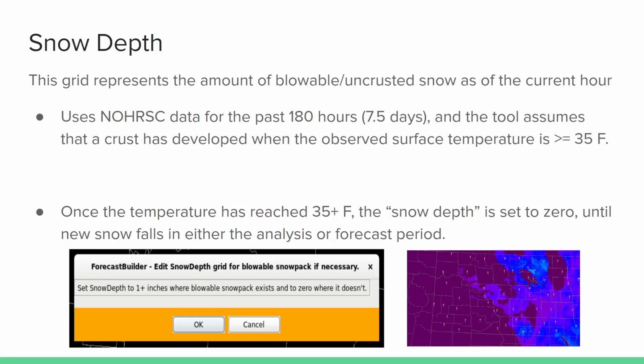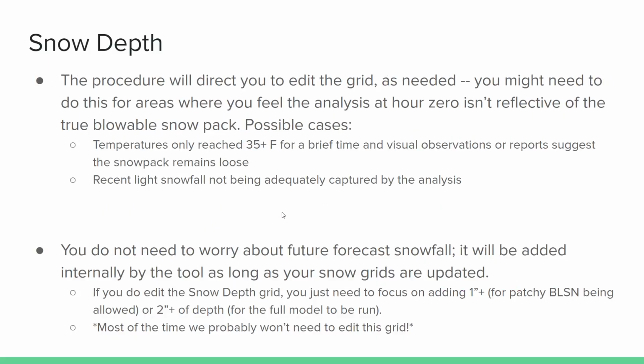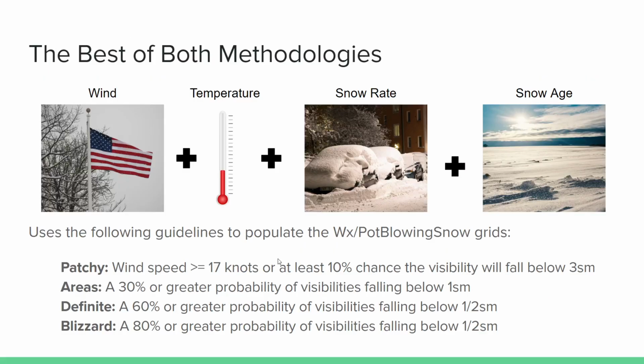Or you can set it to 0 where you think it's crusted over or where it has too much snowpack. You don't want to make any more than one snow depth grid. It's done in the future for you based on temperatures and new snowfall. So snow depth is taken care of into the future.